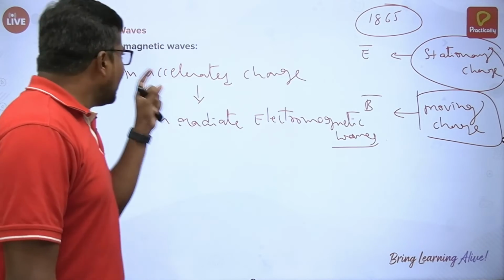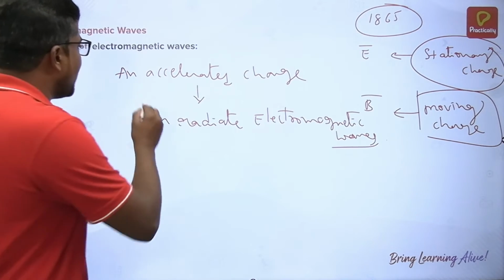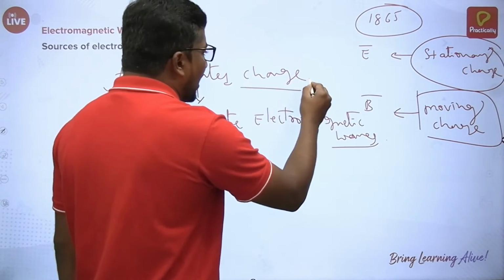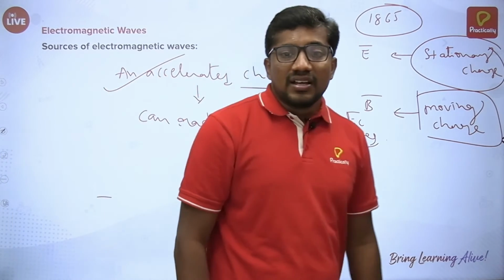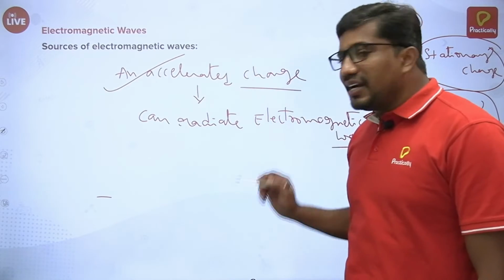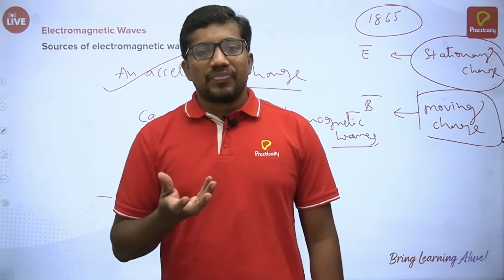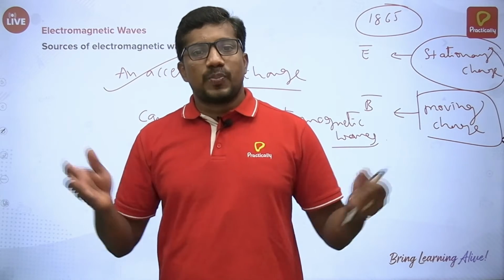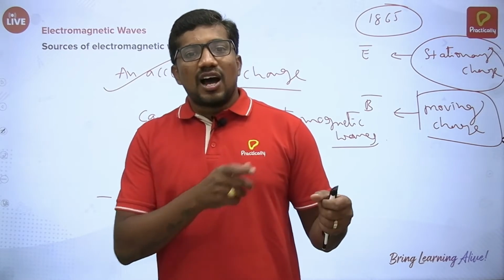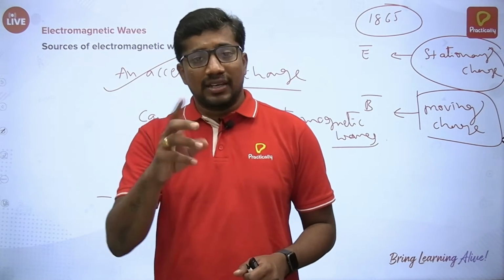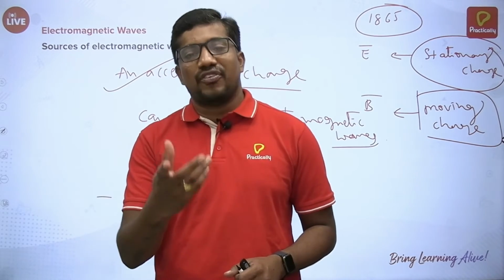So here the source of electromagnetic waves is accelerated charges, and accelerated charges can radiate electromagnetic waves. Suppose you take a charged particle which is oscillating in a space or region. There the oscillating charged particle can produce an electromagnetic field, a timely varying electric field.